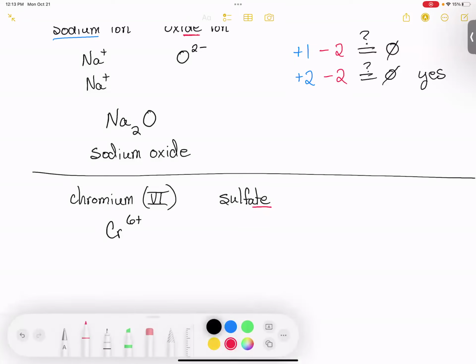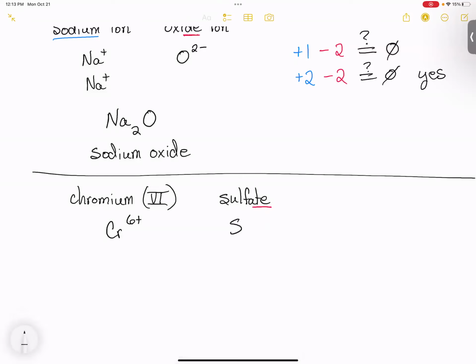So it's one you just have to know. First of all, let's derive it from the rules. Sulfate starts with sulfur. Sulfur is in period 3 through 7.